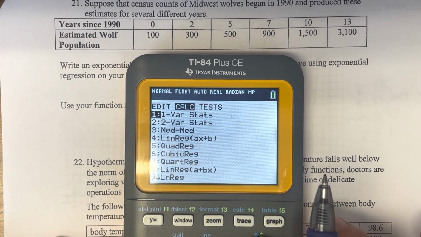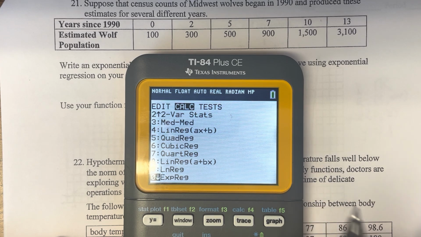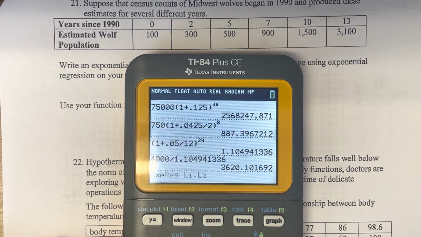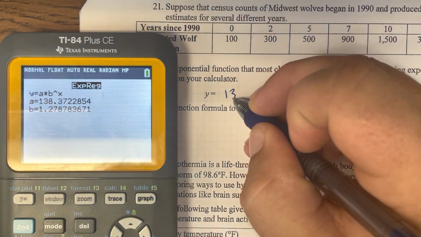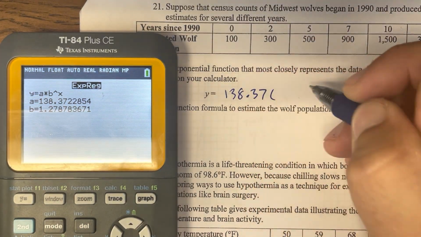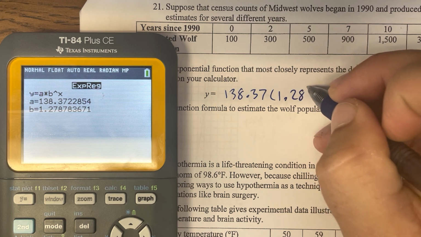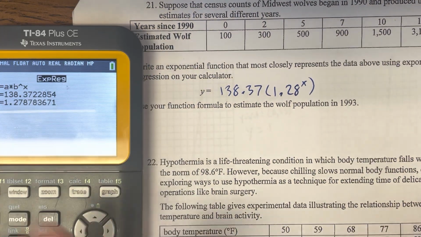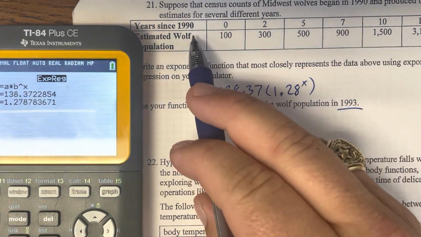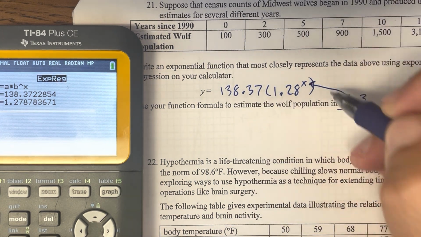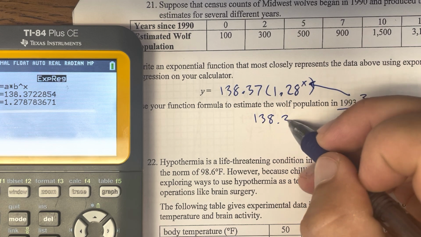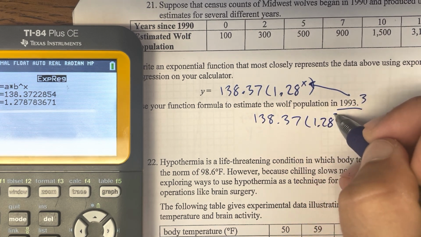And then we'll go back into stat. We're going to go over to calculate and go down to the 0 option, which is ExpReg, exponential regression, and it brings up our equation. So it's going to be 138.37, 1.28 raised to the x power. And so in 1993, that's going to be 3 years. So I'm going to plug in my 3 into my x. And so 138.37, 1.28 raised to the 3rd power.